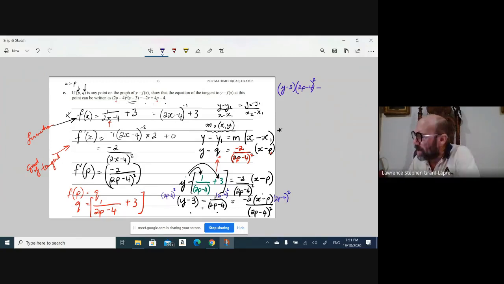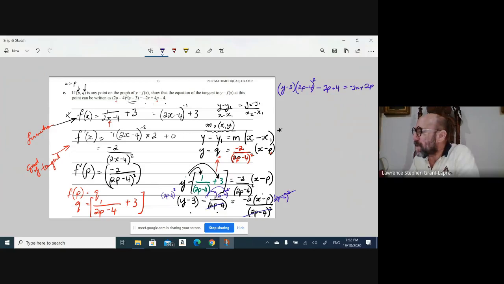You see, that will cancel here, and one of those will cancel there. So we're left with minus 2p, minus negative 4 becomes plus 4, equals, and I'll expand that, negative 2x plus 2p.